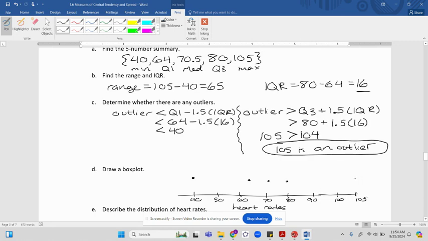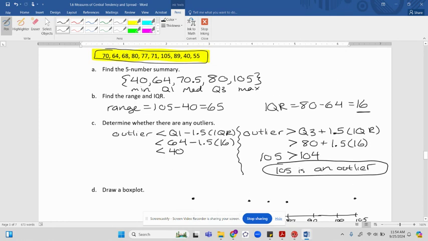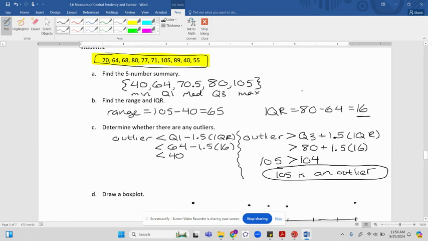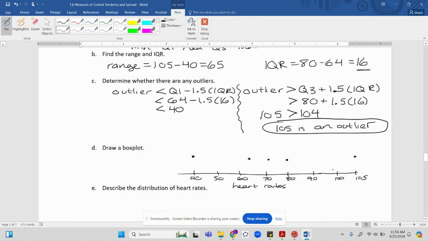and 105. But since 105 is an outlier, it's actually not where the whisker goes out to. You want to look back at your data, and what's the next largest number other than 105? It looks like it's 89. The whisker actually only goes out to 89. Bear with me for a second, and I'll help you.